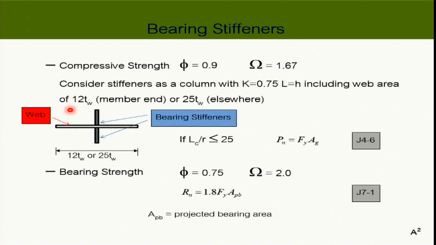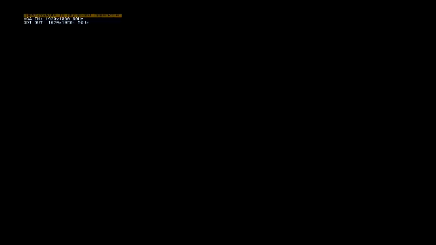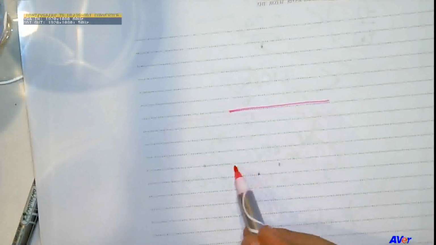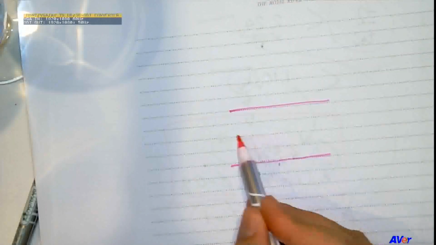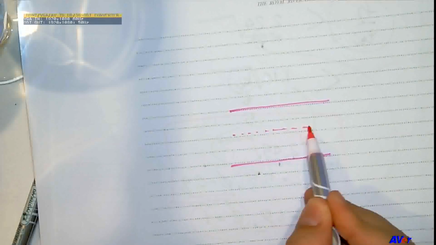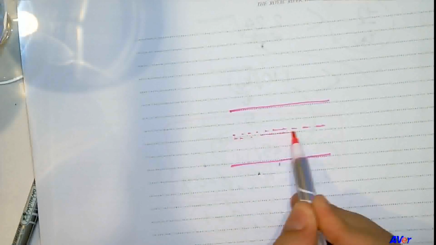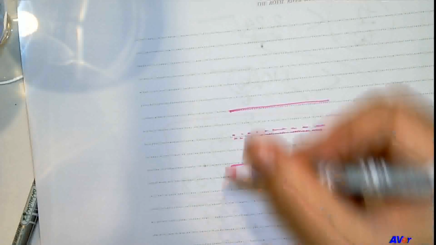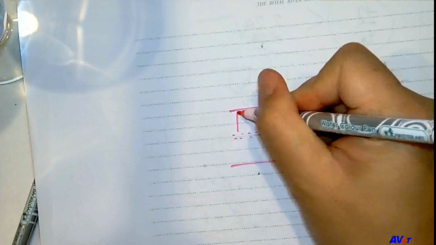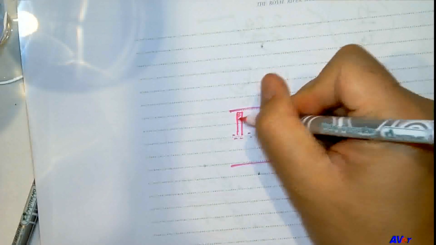Okay, so if I draw the top view of the beam, you can see the web with the dotted line. When you need to have the bearing stiffener, it has to be extended near the edge, like that.